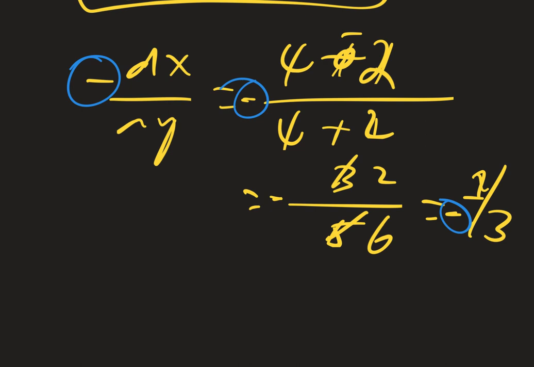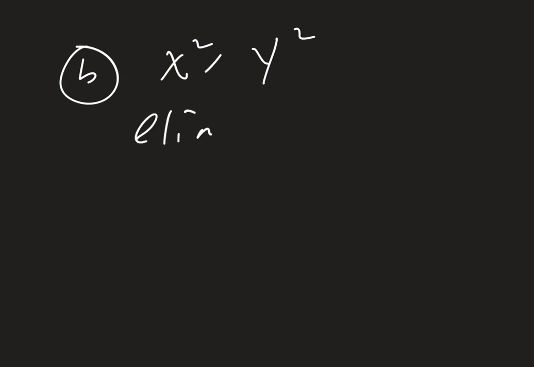Okay, so the second part of the question, part B. It asks us to consider x squared and y squared, finding the Cartesian equation, which means that we need to eliminate t. So how do we do that? They ask us to square it, so we square it first.